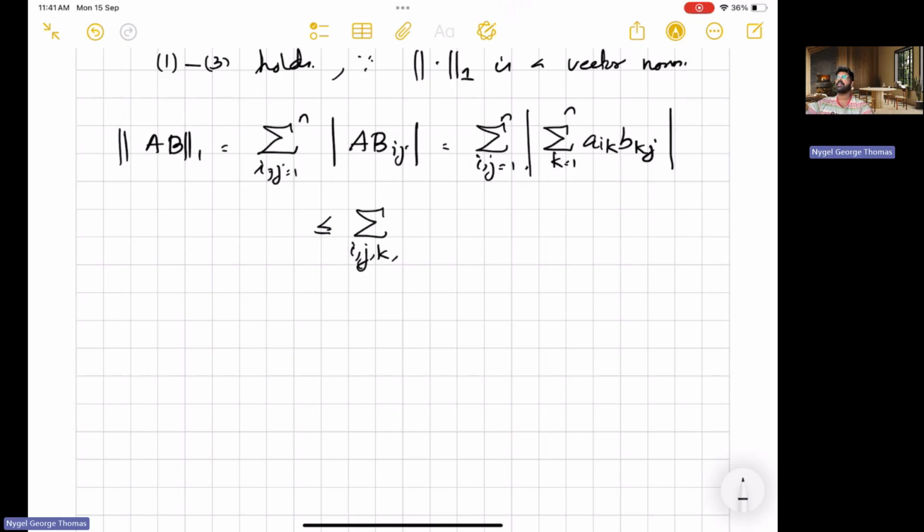For convenience, we can take another variable as well because it's a dummy variable, the sum to n of a_il times b_kj.